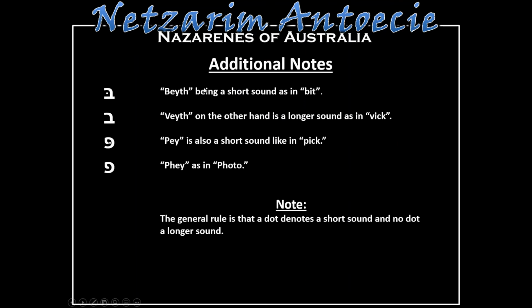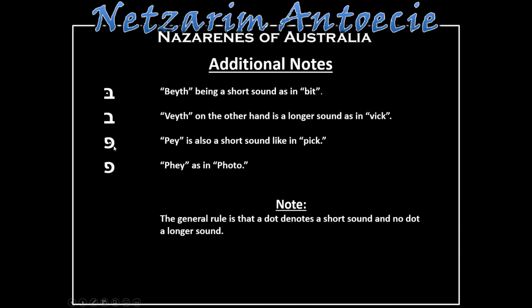Now some additional notes. This is called a Bayit, being the short sound as in bit, so it's a B sound. Then we have no dot inside there, and it's called a Vayit, on the other hand, a longer sound as in Vic.